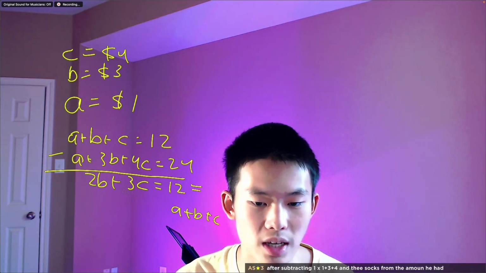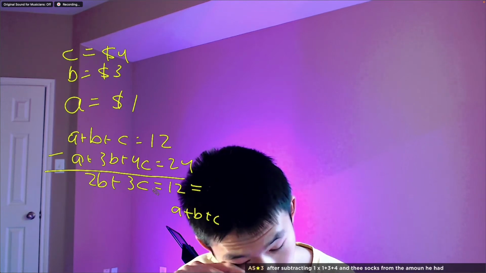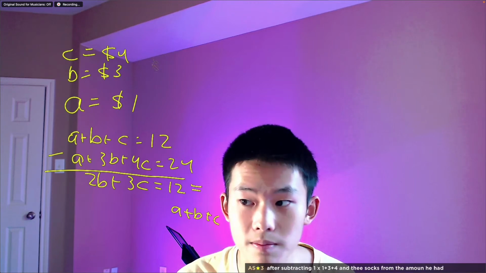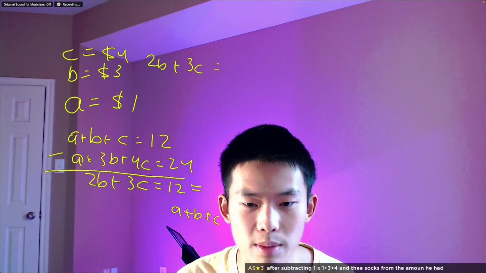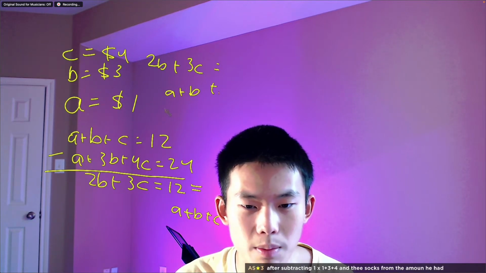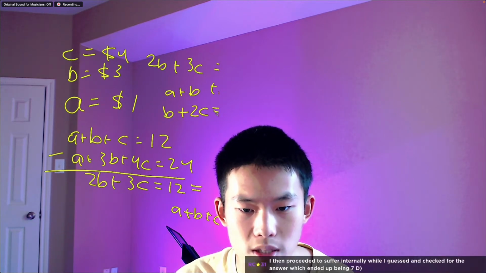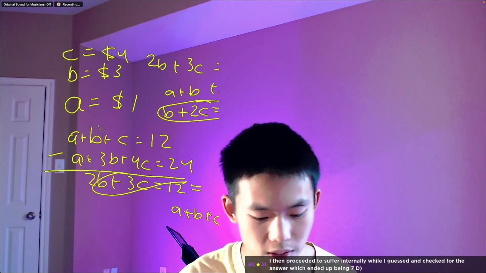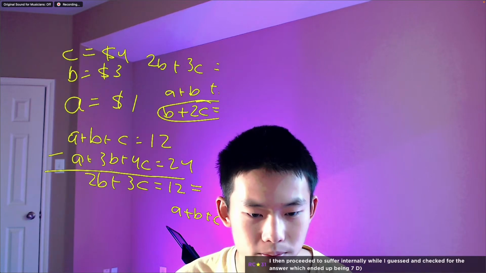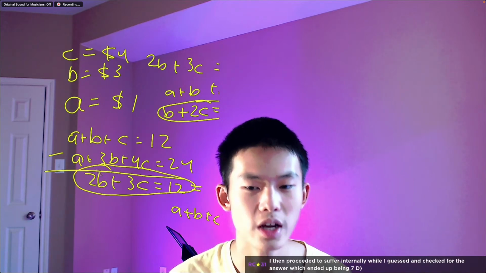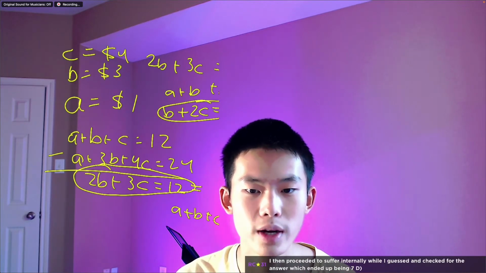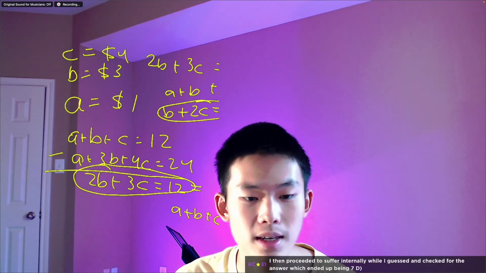And actually we can also rewrite this: since 2B plus 3C equals A plus B plus C, we get that B plus 2C equals A. So we have two equations here that we can work with. Sorry, this is bad drawing. As long as whatever we get are both integers and satisfy these two equations, we are in business.